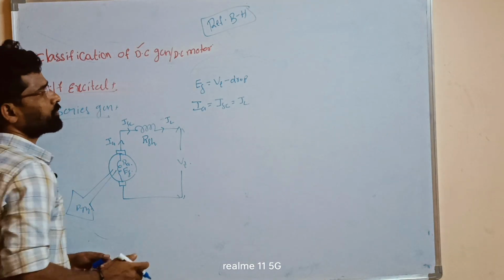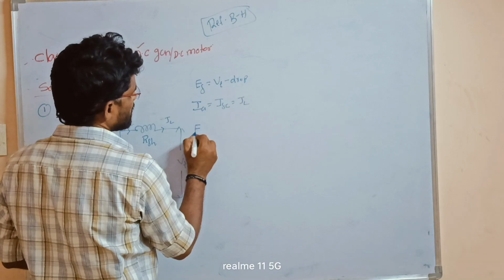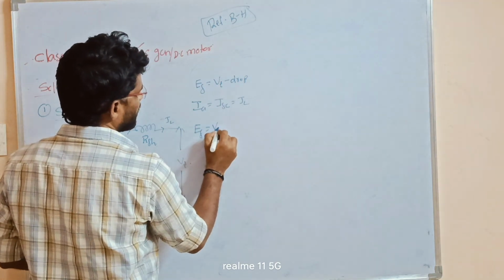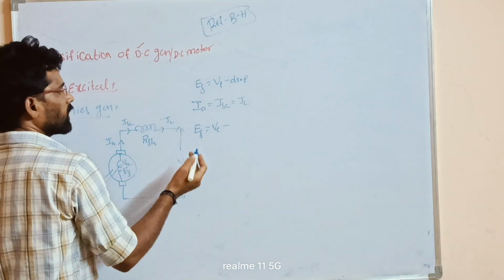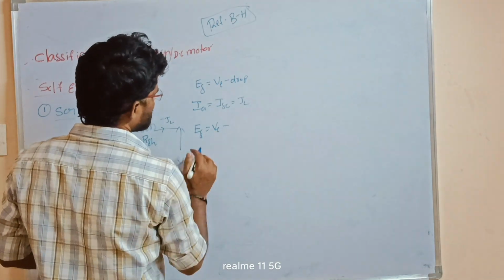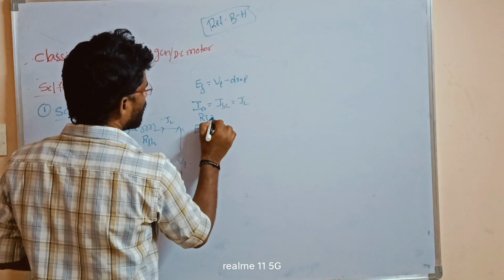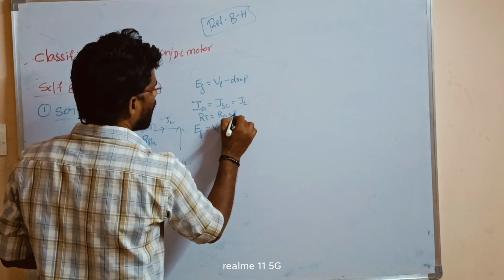Therefore, we can find out EG is equal to VT minus the drop, which is I into R. Here the total resistance RT is equal to RA plus RSC.